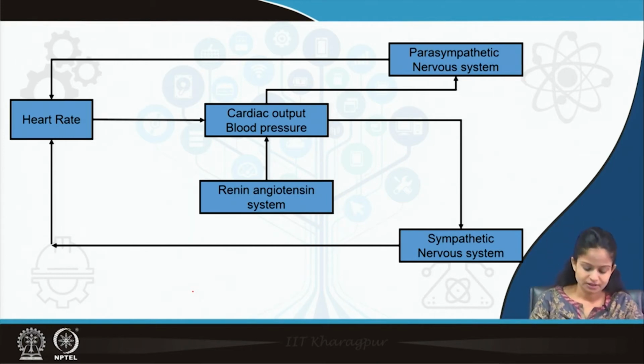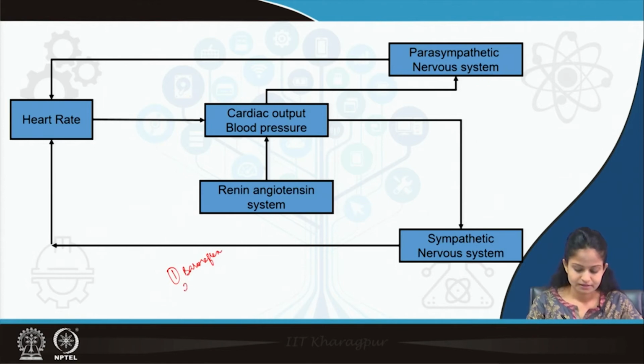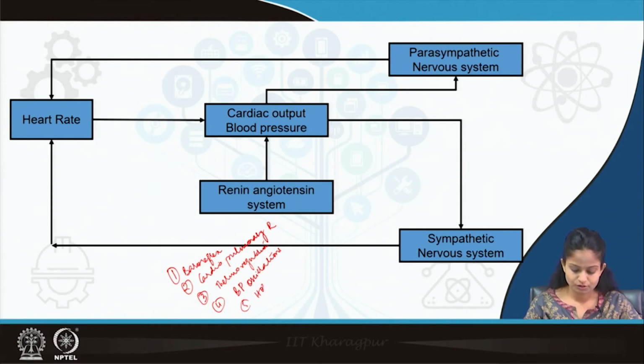Now, we have first and foremost the baroreflex mechanism, cardiopulmonary reflex mechanisms, then we have thermoregulation, then we have the blood pressure oscillations, then hormonal or neuroendocrine factors, then we have other circadian rhythms.